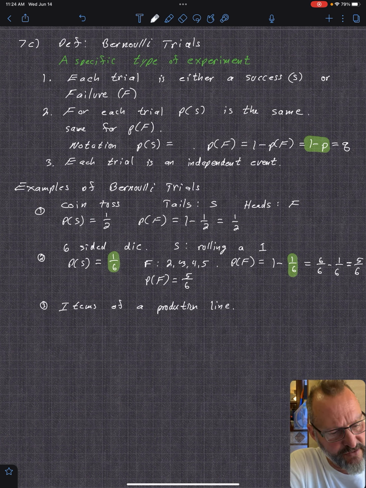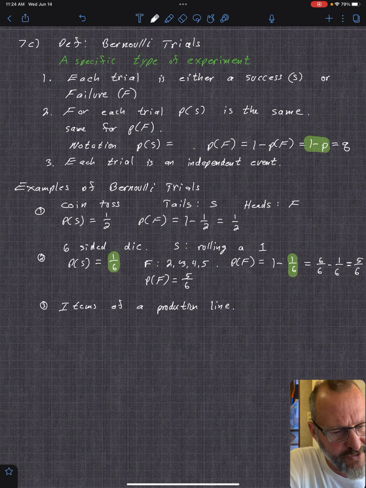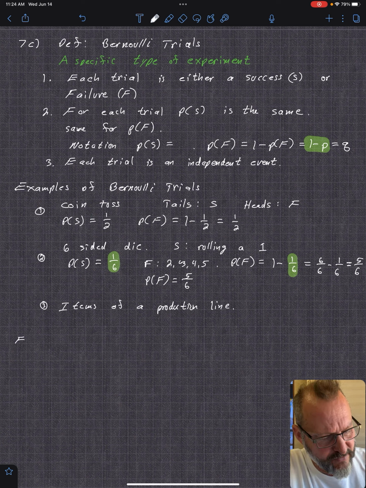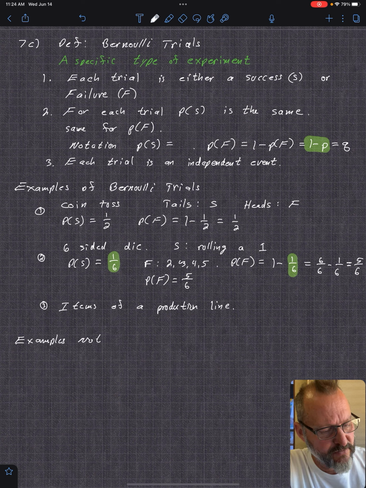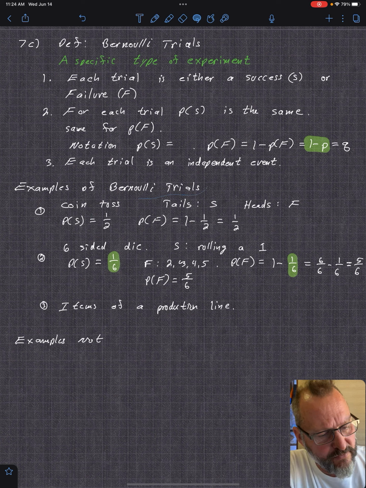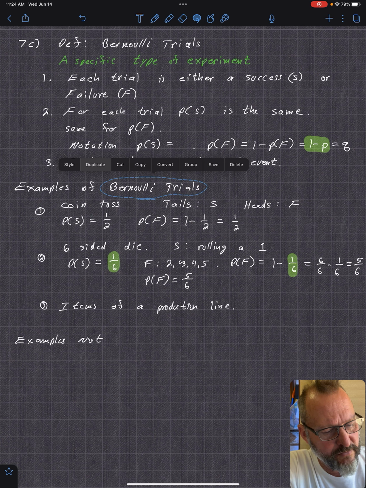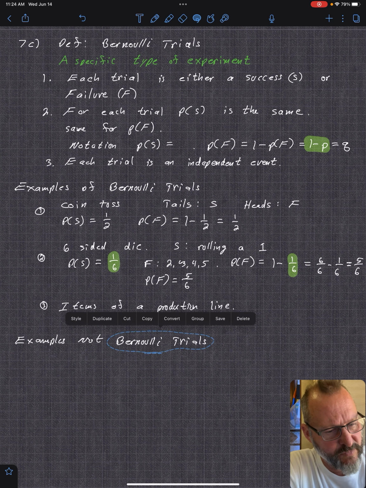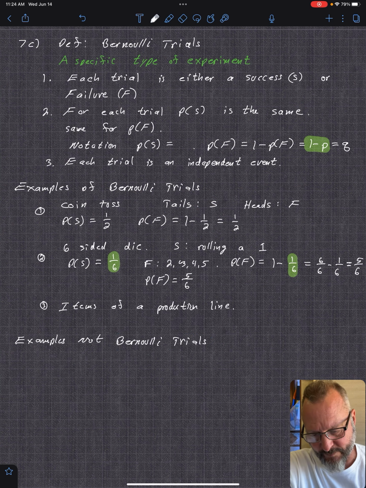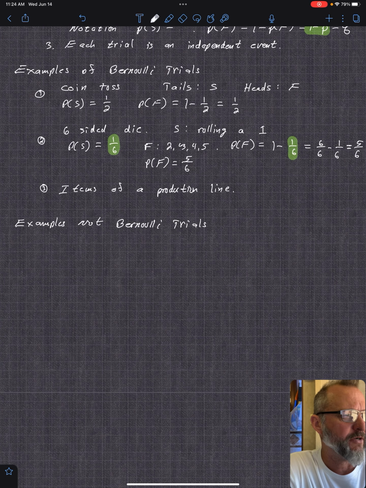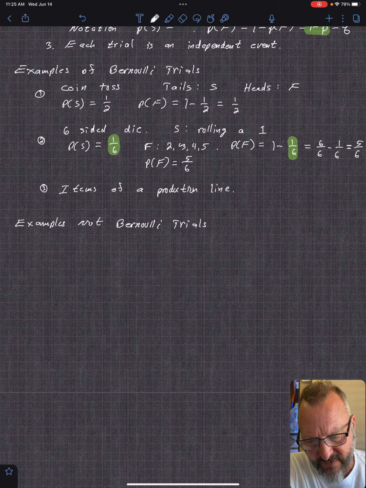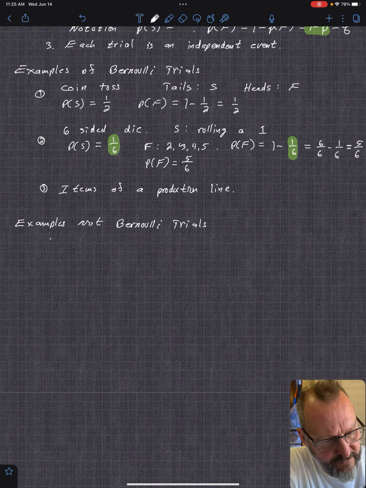So these are, let's do examples that are not Bernoulli trials. So let's see. So drawing from the urn, what do they call it? That urn example.